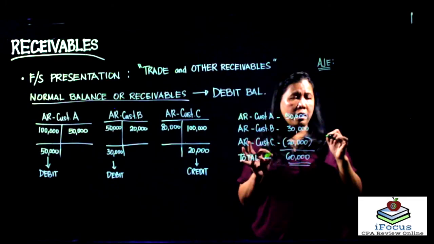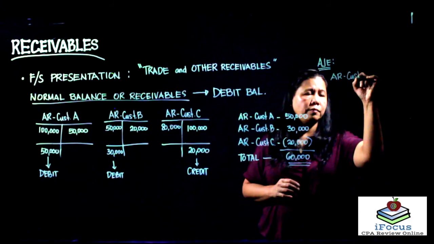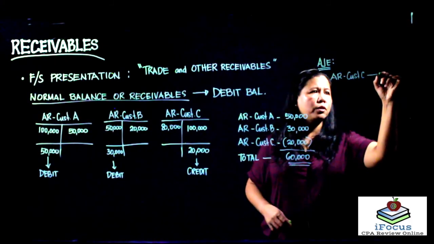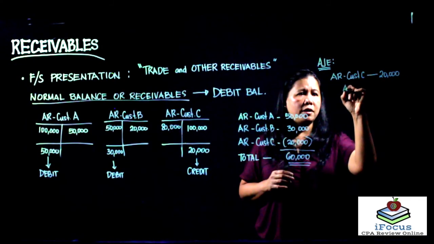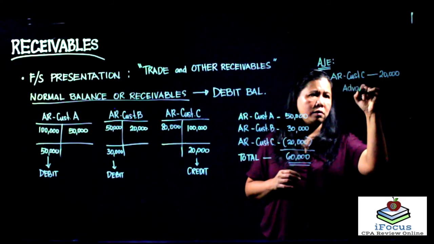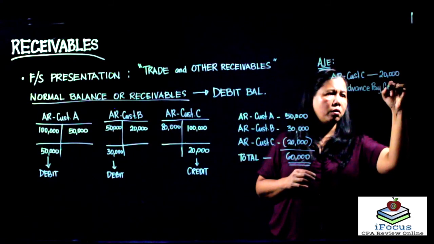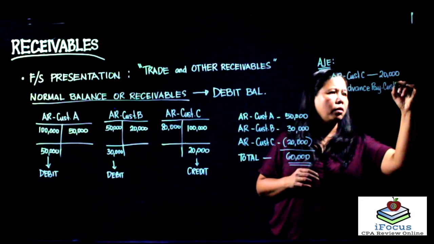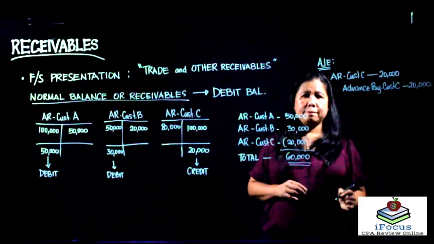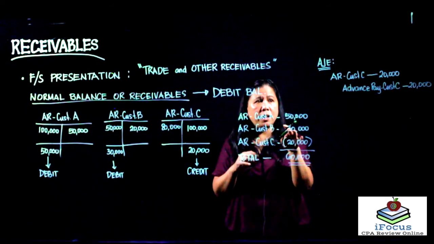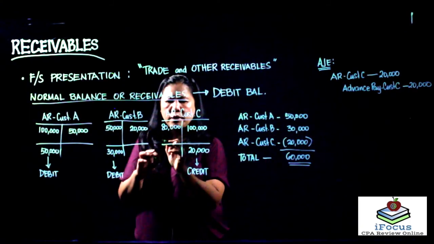Our adjusting journal entry will be a debit to accounts receivable from customer C of 20,000 and a credit to advance payment from customer C of 20,000.